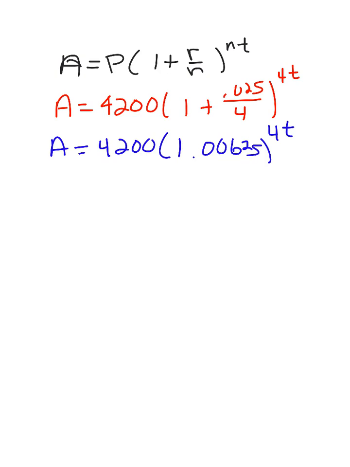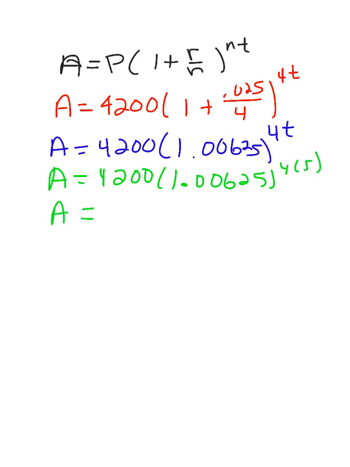All right, so the first part is I want to find out how much Patty will have in the account after 5 years. So I'm going to plug in t as 5. Okay, so you could just plug that into your calculator all at one time, and Patty will have $4,757.37.